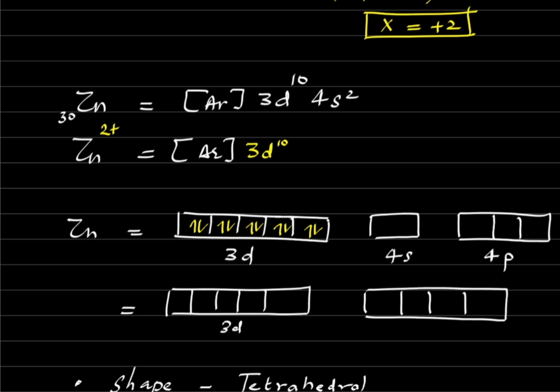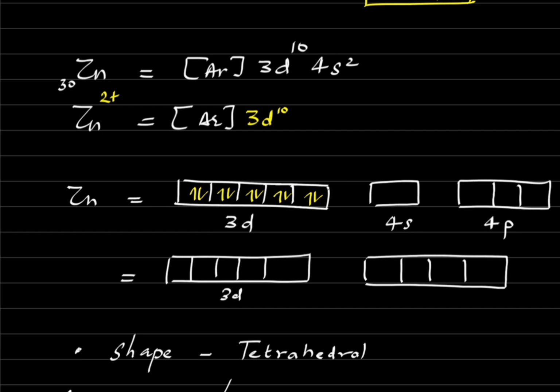Now, even if the ligand is strong field, it doesn't matter here because there's no space for pairing up of electrons. There is no unpaired electron. So right now, zinc would have to use its 4s and 4p for hybridization.